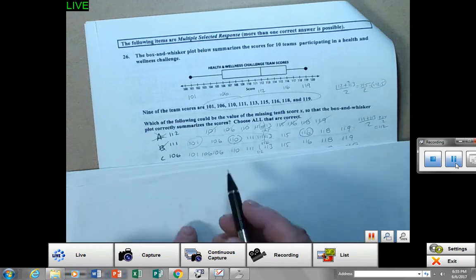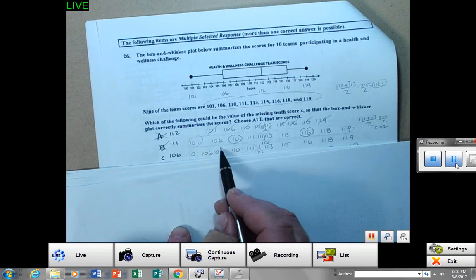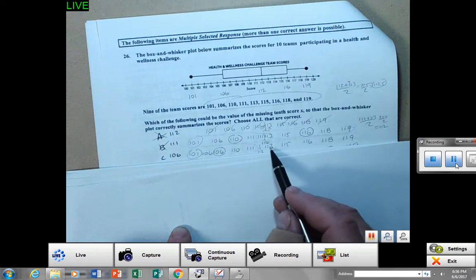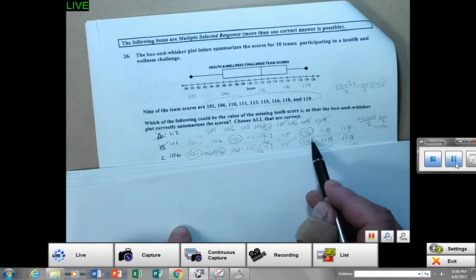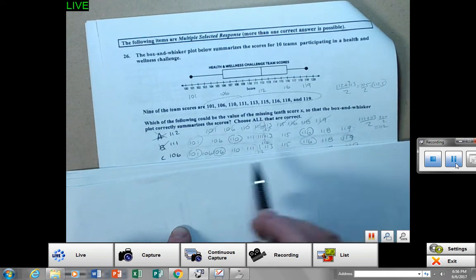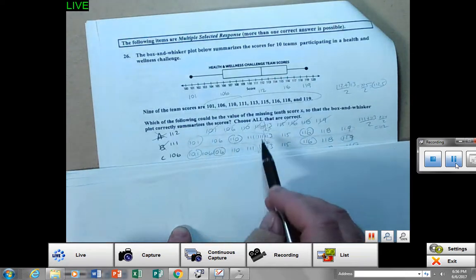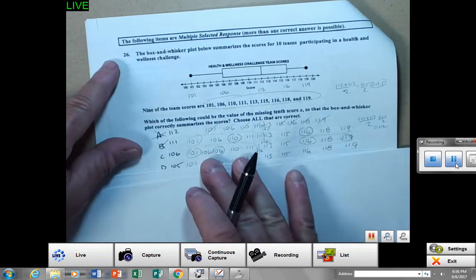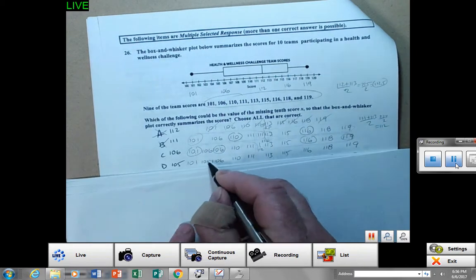So now if I look at the median of this whole bottom half of numbers, that would be 106 minimum. Median of this top half of numbers up here, 116 maximum. That looks good. Perfect. If I plug in 105, 105 would go right here in order.